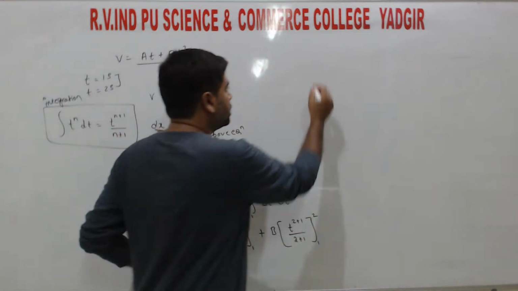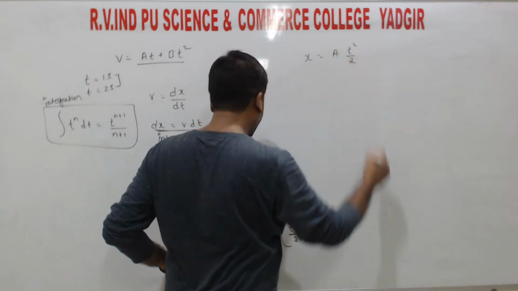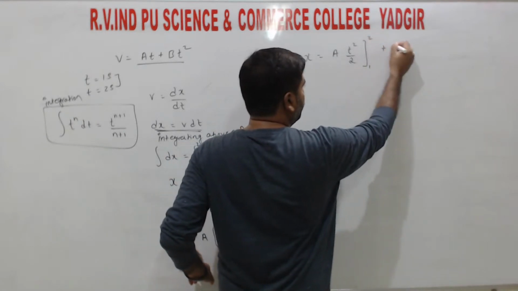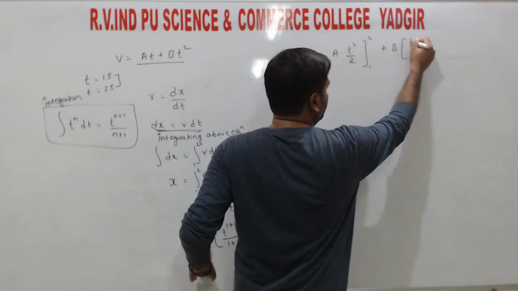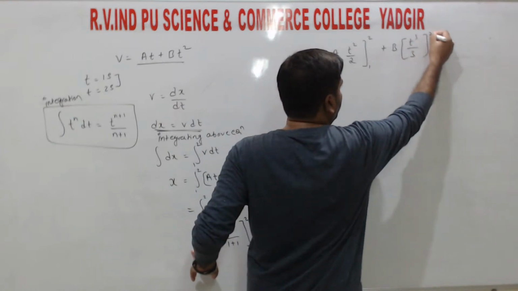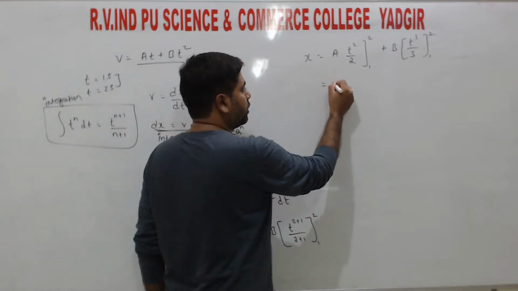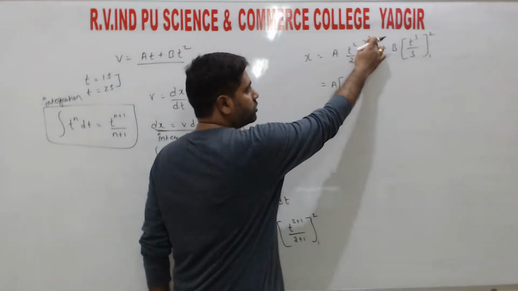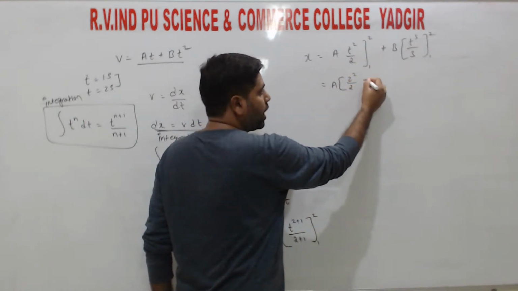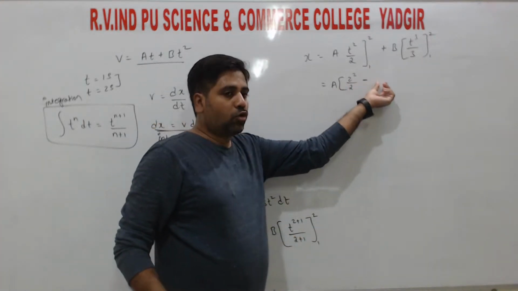So simplifying here, we get x is equal to a into t square divided by 2, limit 1 to 2, plus b into t cube divided by 3, limit 1 to 2. Now substituting the upper limit and lower limit. Keeping a as is, first we substitute the upper limit, so that is 2 square divided by 2 minus, always the formula is upper limit minus lower limit, right?